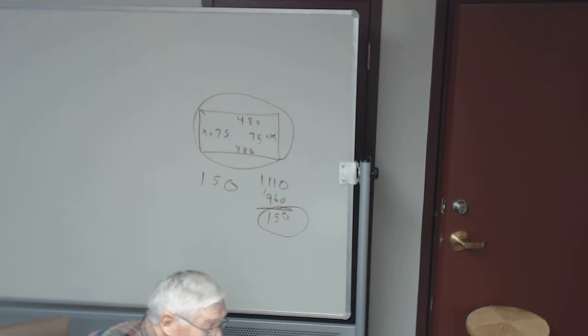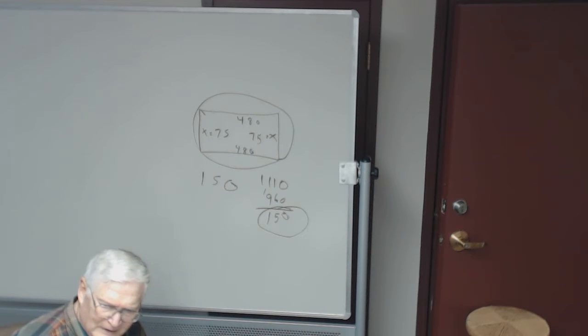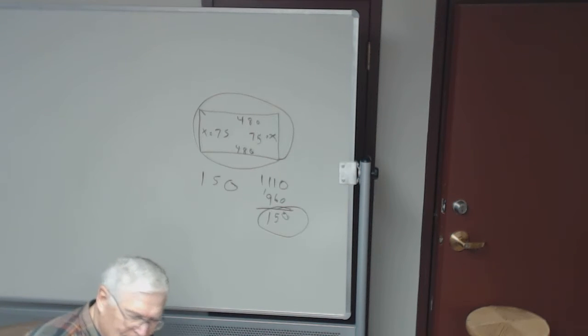How wide is the playing surface? So he jogs all the way around the field. He goes 346. And it's 120 long. So 120 and 120 is 240. So what's 346 minus 240? 106. So divide 106 by 2. That would be 53.